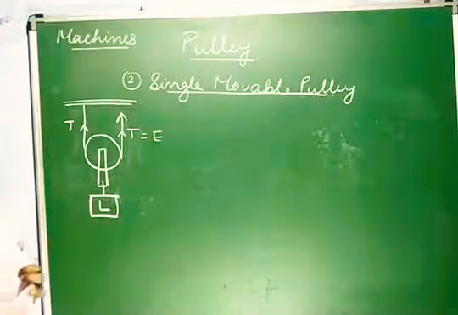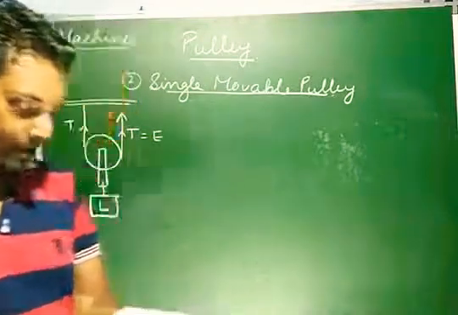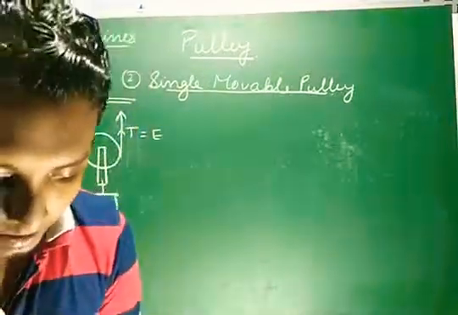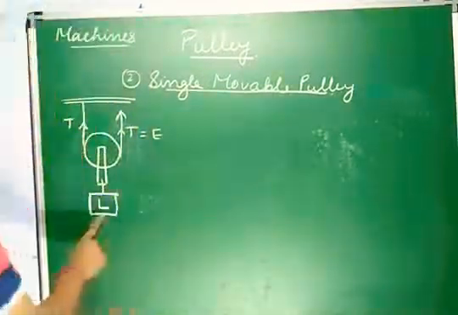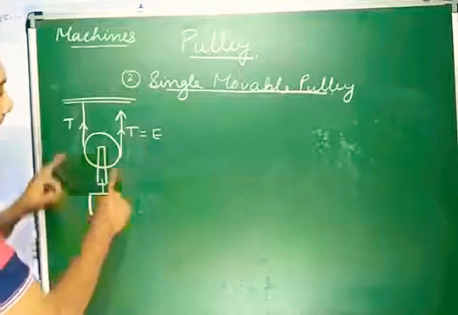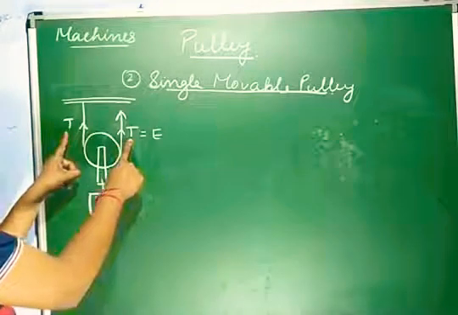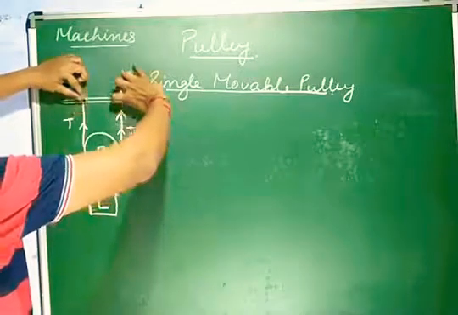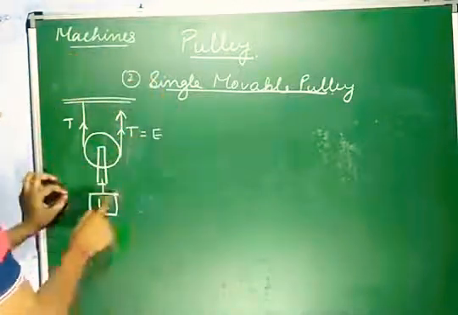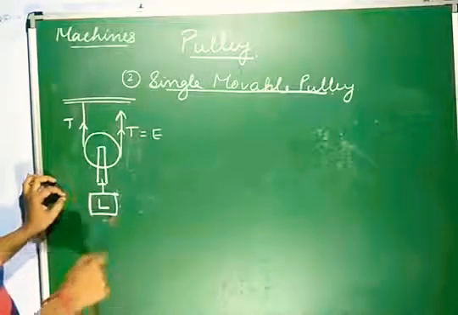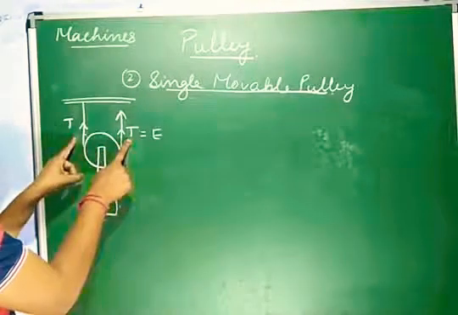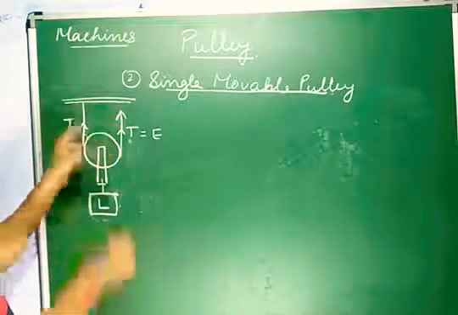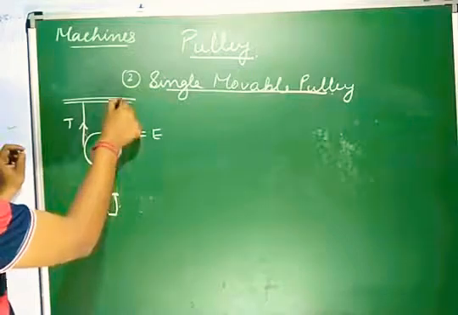This tension force is equal to the effort. Now this load is supported by these two tensions. If we hold the string and lift it up like this, we can see that the load is lifted by these two forces, T and T. But since one side is fixed, we only apply force from one side.